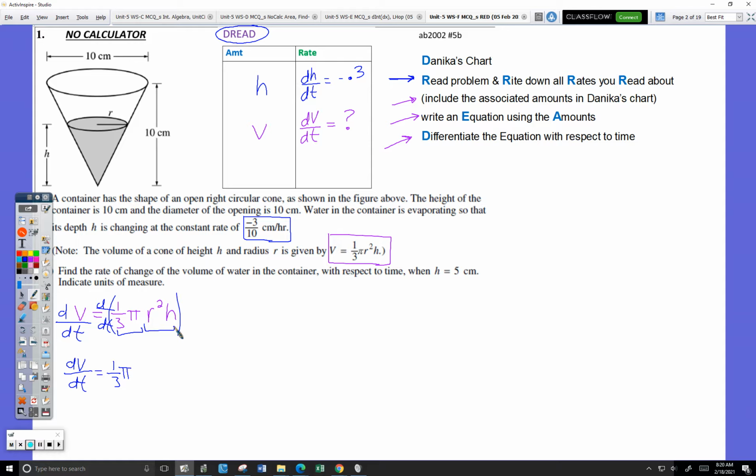So the radius changes with respect to time. The height also changes with respect to time. Both are variables. So when I differentiate, I have to use the product rule. So parenthesis, second, multiplied by derivative of the first.